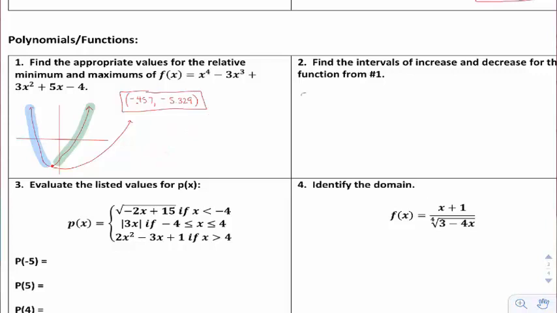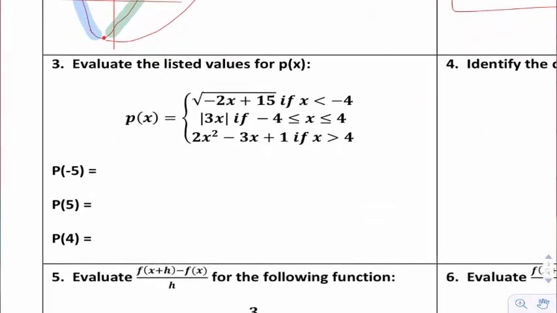So we're going to have decreasing and increasing intervals here. My decreasing interval is -infinity to -0.457, and my increasing interval is going to be from -0.457 to infinity. So you got your decreasing and your increasing intervals for number 2.